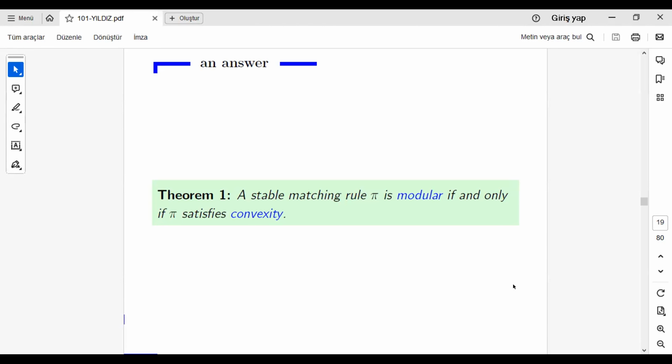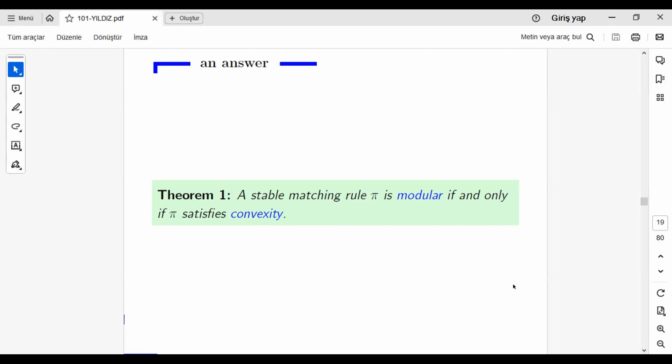If it has this property, convexity, then there is a modular assessment function which would generate it. The point, before I illustrate this condition, convexity, is that it is a very minimal condition. It's a minimal concession.